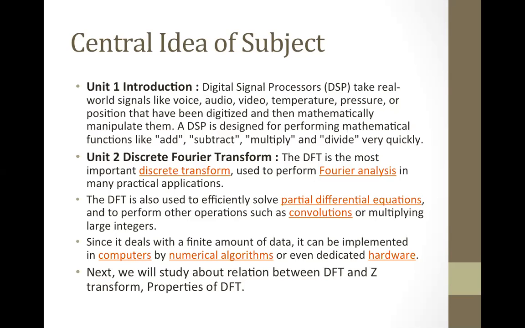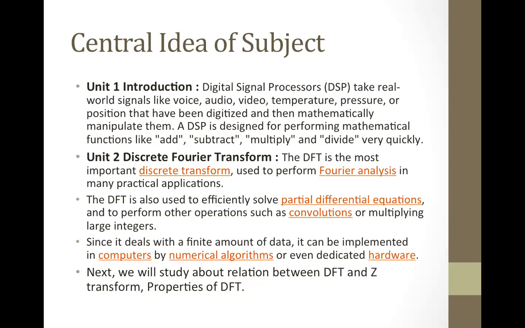We have seen that the DSP processor takes real world signals. What are the real world signals? Audio, video, temperature, pressure. Then these signals are mathematically manipulated by using digital signal processors.